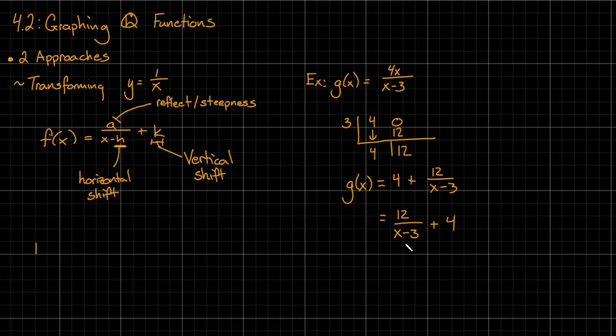Now, from this, if we're comfortable with the parent, and you would never normally write this, but I want to make sure it's very clear as we're doing it now. G of x is the parent, which the parent function is just our reciprocal that we saw yesterday. We'll just say y equals 1 over x. Moved, and let's just look at how it moves.